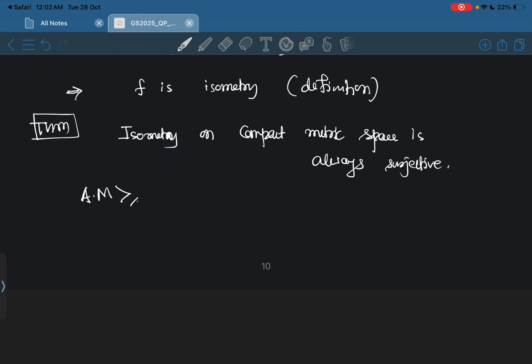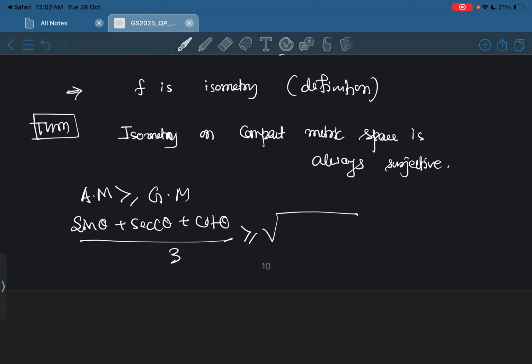So AM is greater or equal to GM. So (sin theta plus sec theta plus cot theta) by 3 is greater or equal to the cube root of sin theta times sec theta times cot theta. So this is 1.